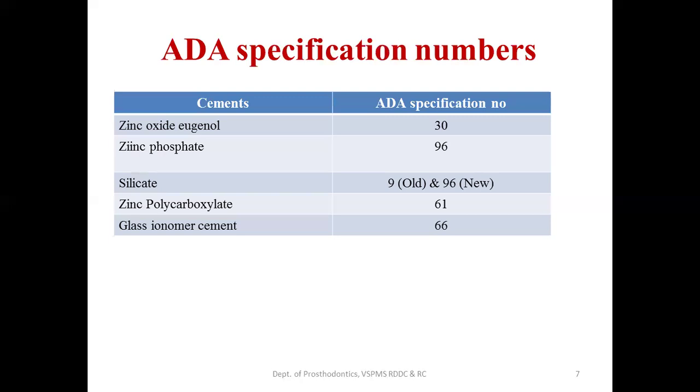Whenever you are learning glass ionomer cement, I request you to please go through silicate cement and zinc polycarboxylate cement first, because many of the compositions of the powder and of the liquid of zinc polycarboxylate are the same as in GIC. Even many of the properties of silicate and zinc polycarboxylate cement are seen in GIC. So it is better if you go through these two cements first and then learn glass ionomer cement.